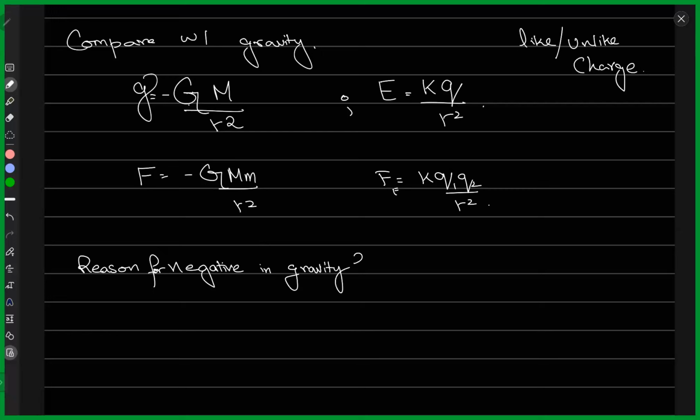The nature of gravity is always attractive to the center of the body that is producing the gravitational field, right? So for example, if this object produces the gravitational field, this mass M, then whatever I bring near this mass, it will always be attracted to the center of the capital mass M that is producing the gravity, right?